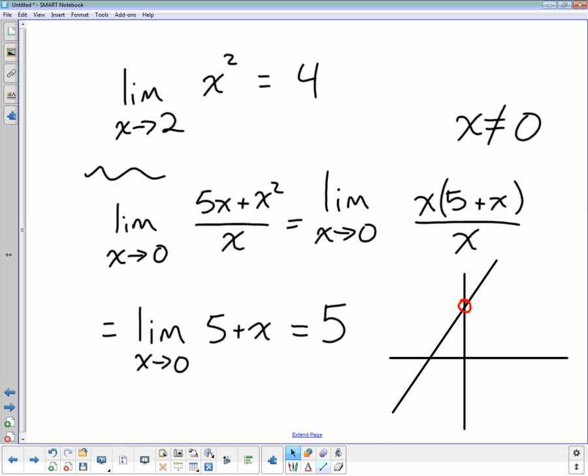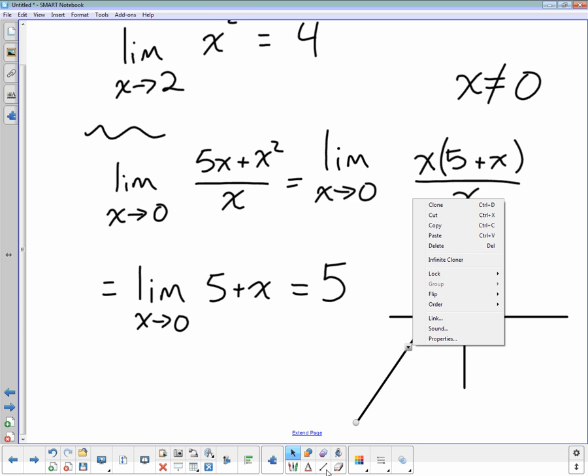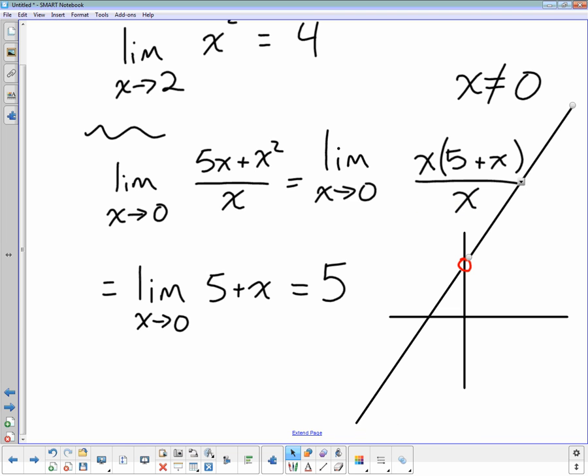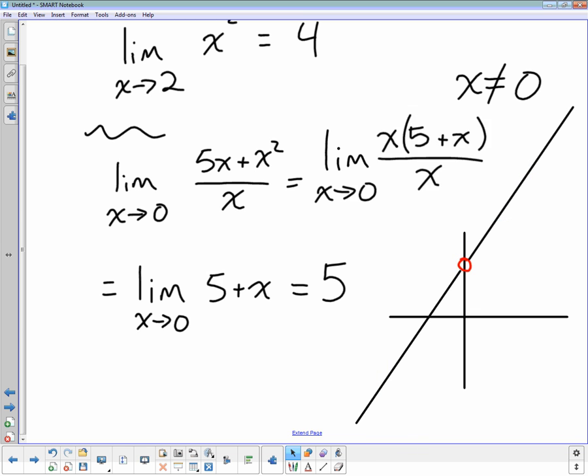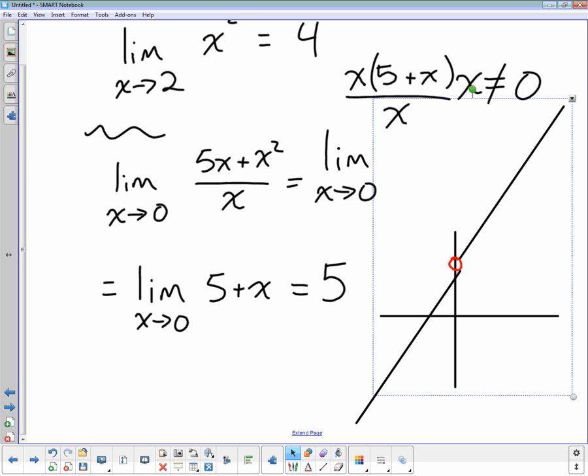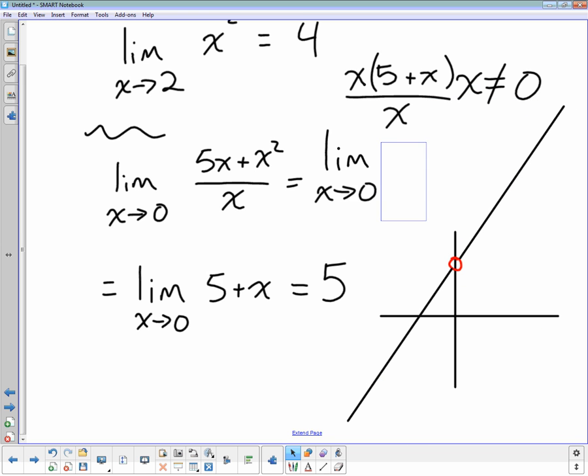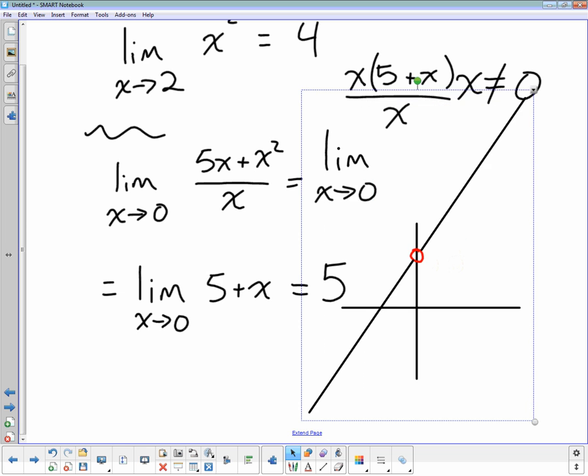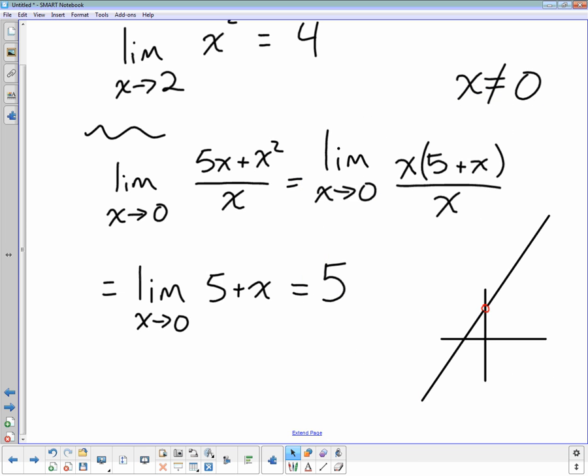That's a bad picture of a hole, but that's what the picture would actually look like. Of course you wouldn't see it, because it's just a missing point which has no width. It wouldn't show up on a pixelated picture. All right, are we cool?